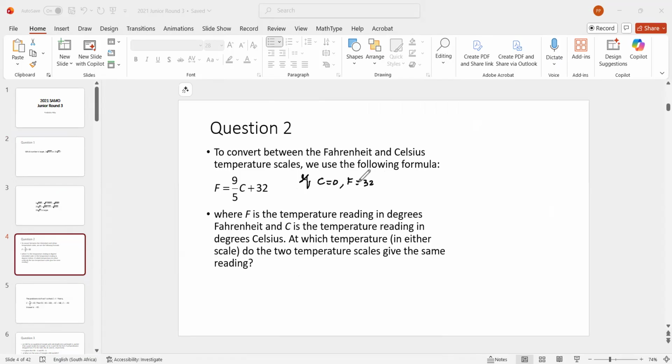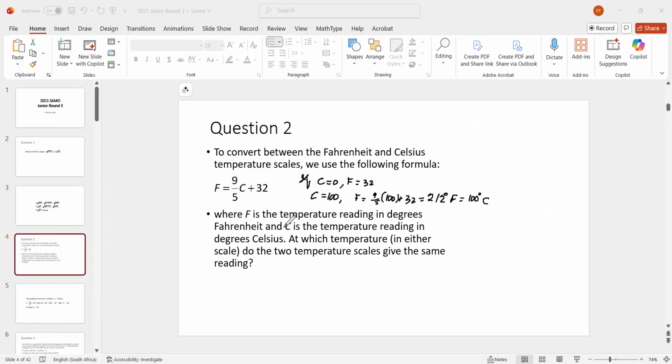Both of them represent the same temperature, which is the freezing point. And if C is equal to 100, then F is equal to 9 over 5 times 100 plus 32, and that is 212. We normally write down 212 degrees Fahrenheit, and that is equal to the 100 degrees centigrade.